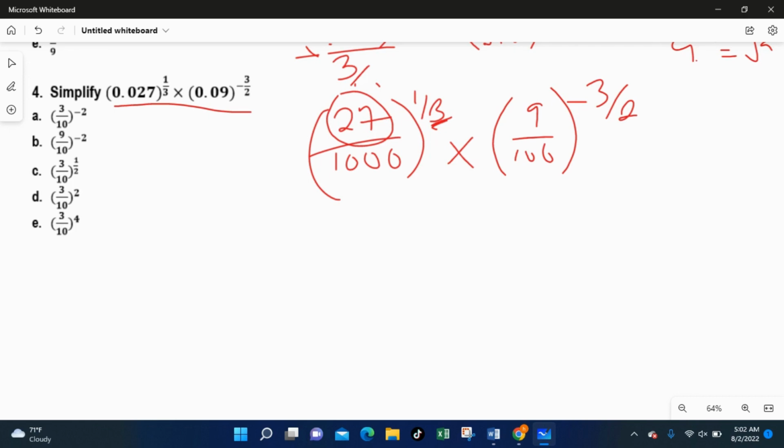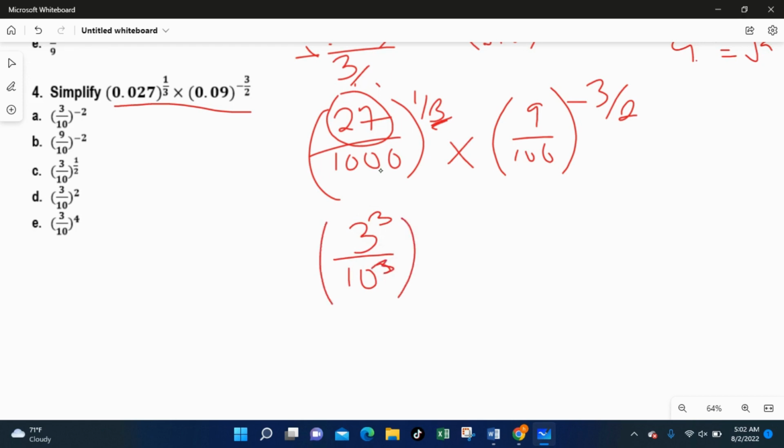So if we follow that line of reasoning, we want to raise 27 to a power 3 over 3, that will give us 27, right? And 10 raised to power 3 will give us 1000, right?